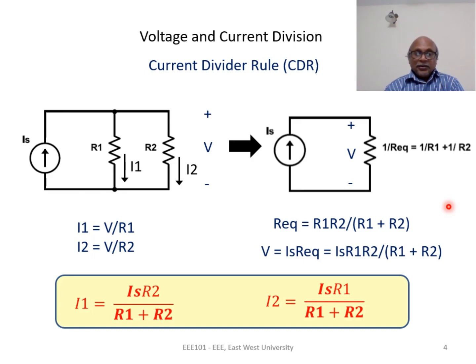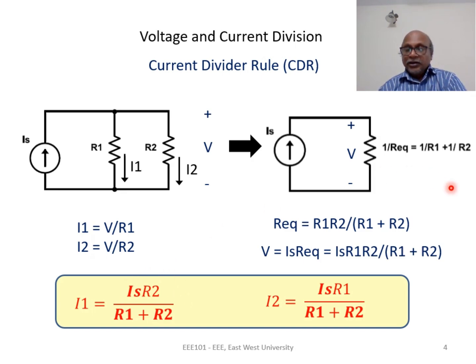But to find the current, what we multiply the common part with, that is different. In case of voltage divider rule, we saw that to find the voltage of R1, we multiply the common part by R1. But here, to find the current of R1, we multiply the common part by R2.